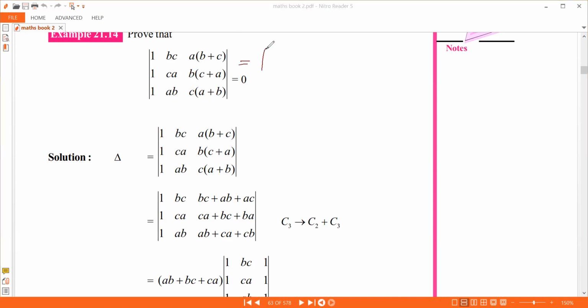This is what you are given, and then you have to show it is entirely equal to 0.